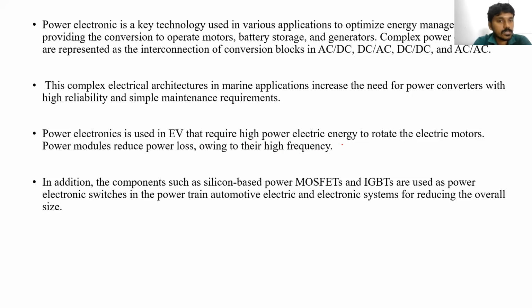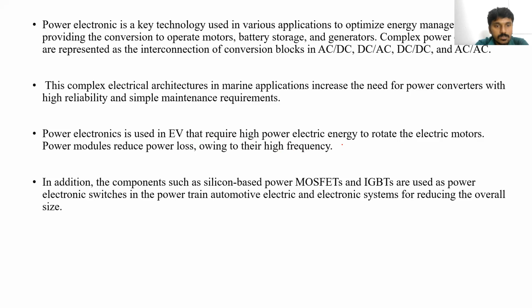Power electronics is used in electric vehicles that require high power electrical energy to rotate the electrical motors. These power modules reduce the power losses owing to their high frequency.